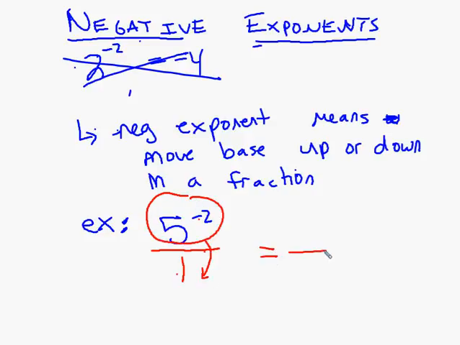So that's going to equal, now when I move that down, the 1 has stayed there, but when I move that 5 squared down, the exponent becomes positive, and now I have a fraction 1 over, well, what's 5 squared? 25.